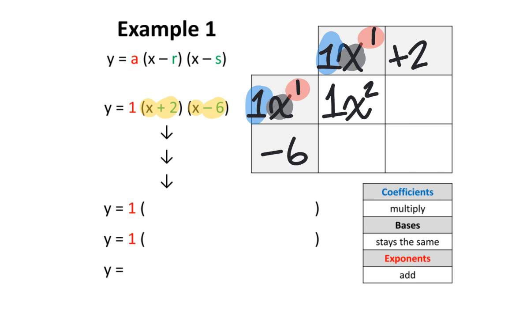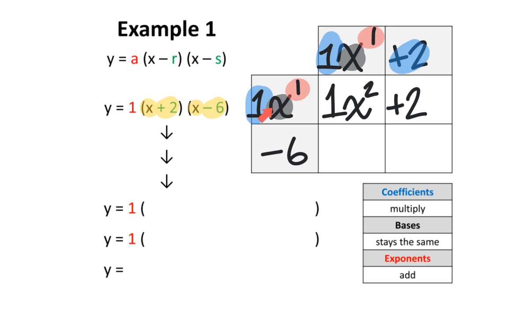We're going to repeat this process by multiplying this term and putting the answer in this empty box. First step is to look at coefficients. We already know the coefficient of this term is 1, but what about that? The coefficient there is positive 2. So we want to multiply coefficients. So positive 1 multiplied by positive 2 is going to give you positive 2. Next, we want to look at bases.